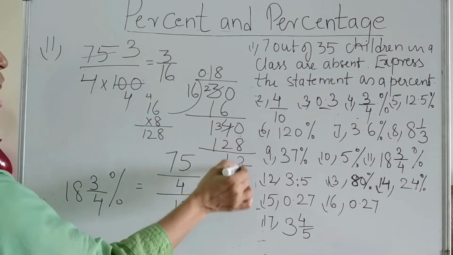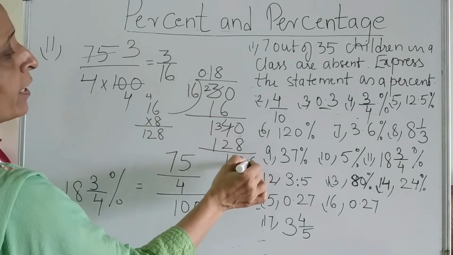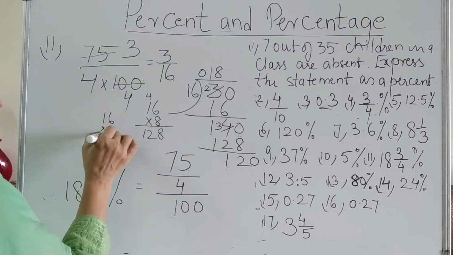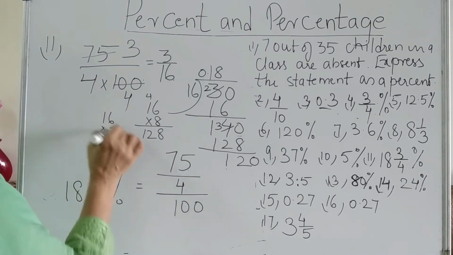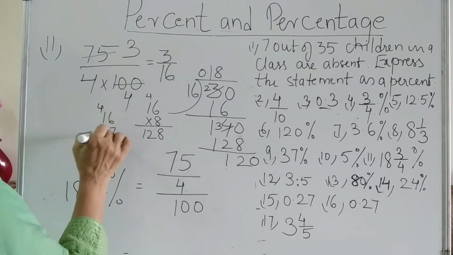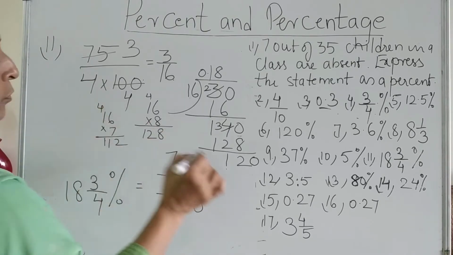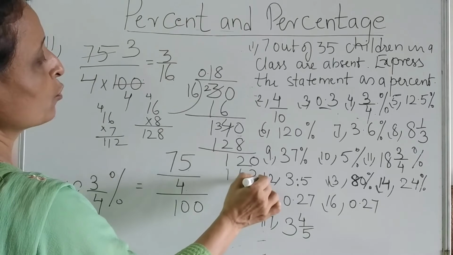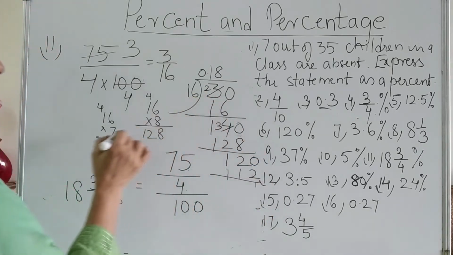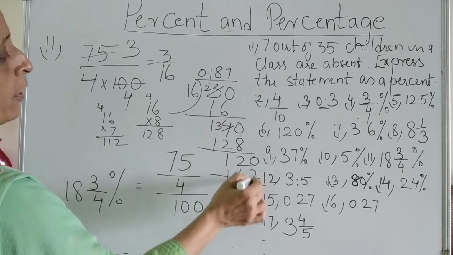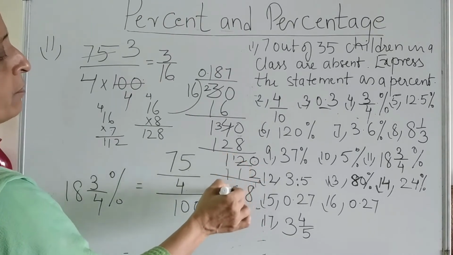So now you have 12. Here again you add 0. Now 16 7s are 112. Now here this 7 you write. Now 10 minus 2, 8, and 1 minus 1, 0.